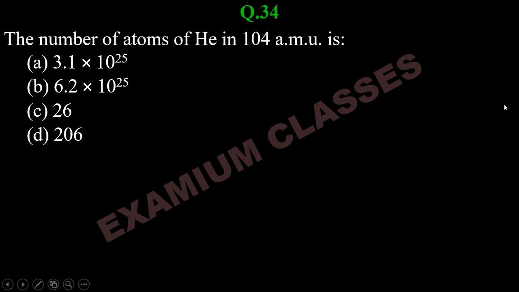Don't answer on mic because otherwise others will come to know the answer. Write in the chat window, which one is the correct answer in this case? Remember, it is U, 104 U. It is not grams.